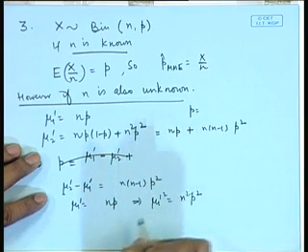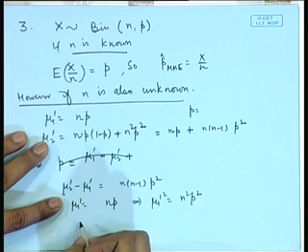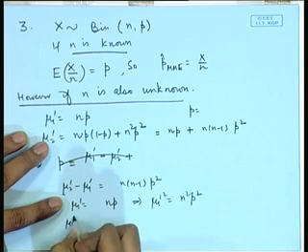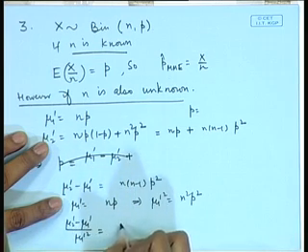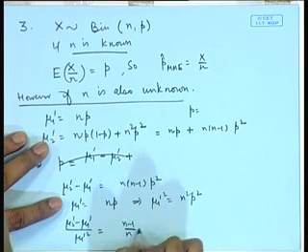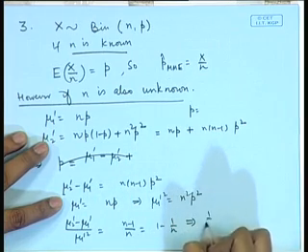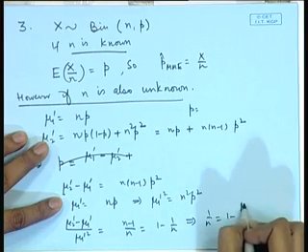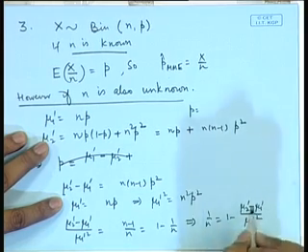If we divide, we will get mu2 prime minus mu1 prime divided by mu1 prime square is equal to n minus 1 by n, that is 1 minus 1 by n. This implies 1 by n is equal to 1 minus mu2 prime minus mu1 prime divided by mu1 prime square.